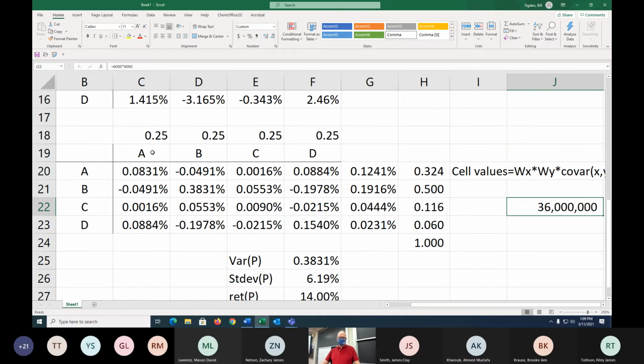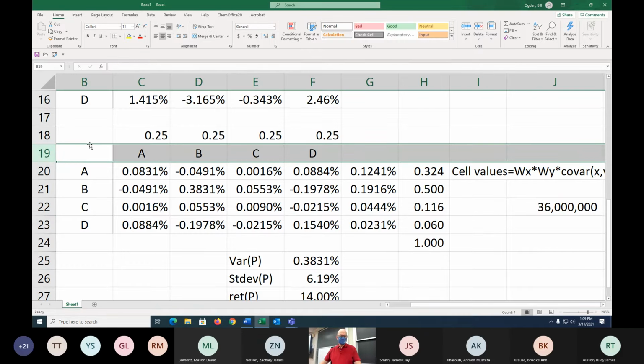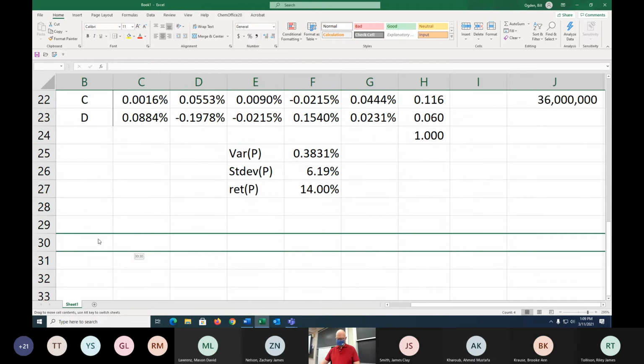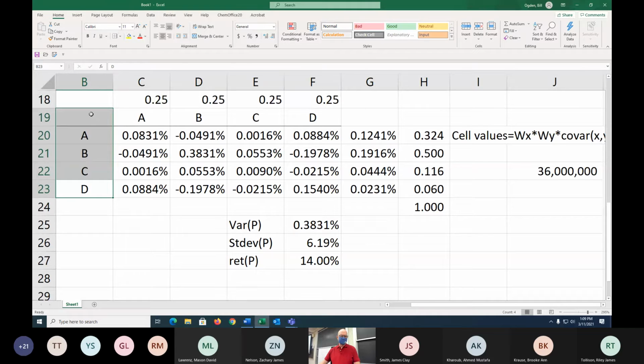Where you see this, let's recopy our headings again, if we could. Okay, and let's recopy these.